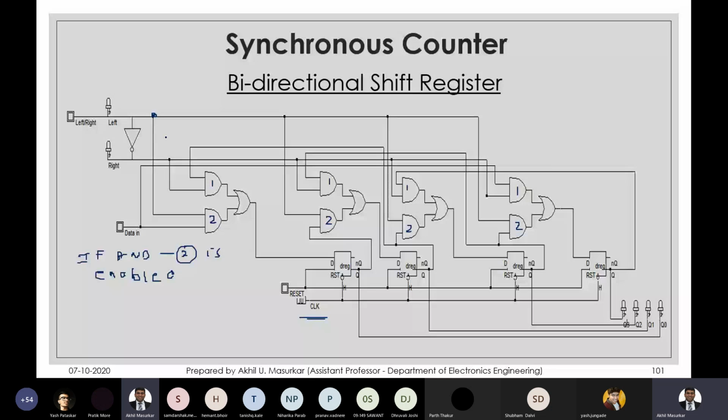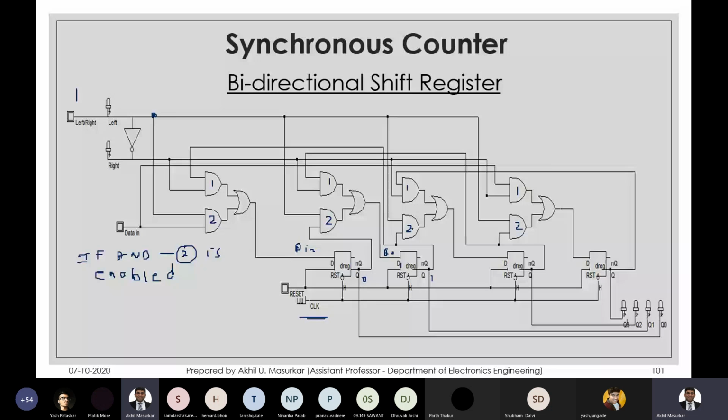So if I make this 1, then this gate will get enabled with 2. So my D in will come here and it will give me Q0. Now 2 is enabled, so Q0 will come here at D1 and that will give me Q1.